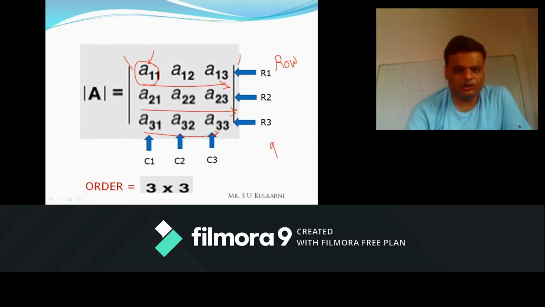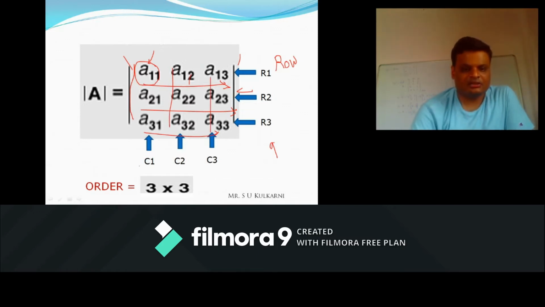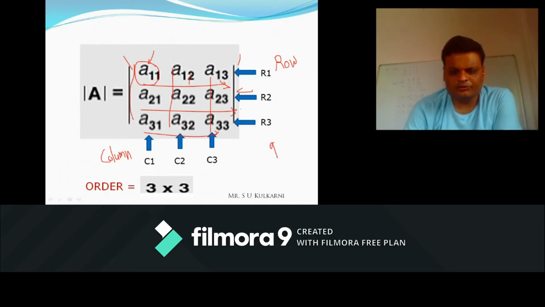Similarly you can see the three vertical lines over here. This one is the first, this one is the second, and this one is the third. These three vertical lines are called columns. Now the three horizontal lines are called rows. The first horizontal line is the first row, therefore it is noted as R1.